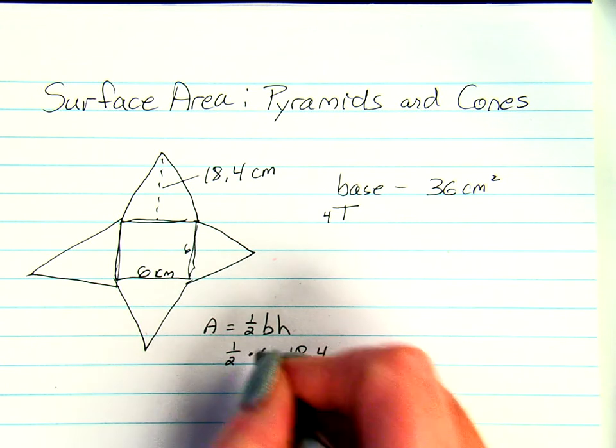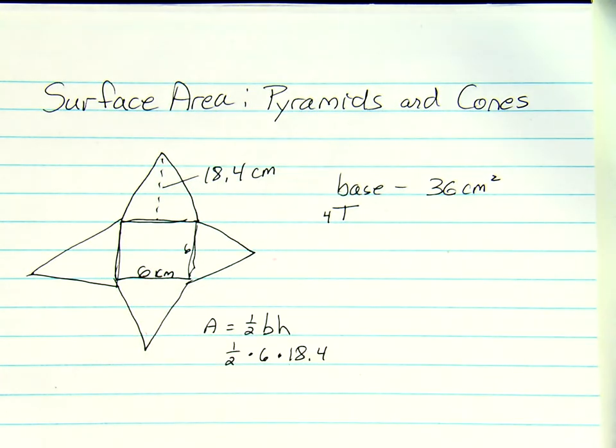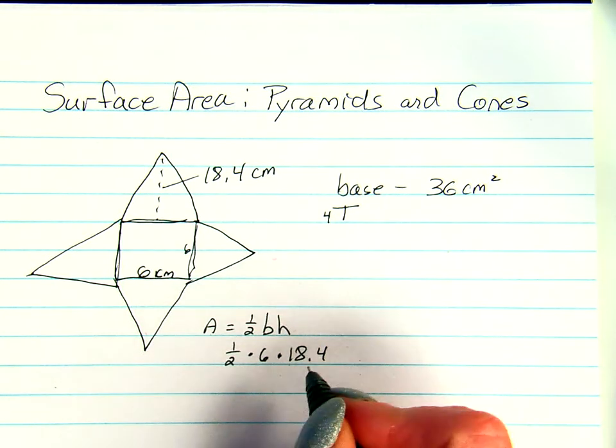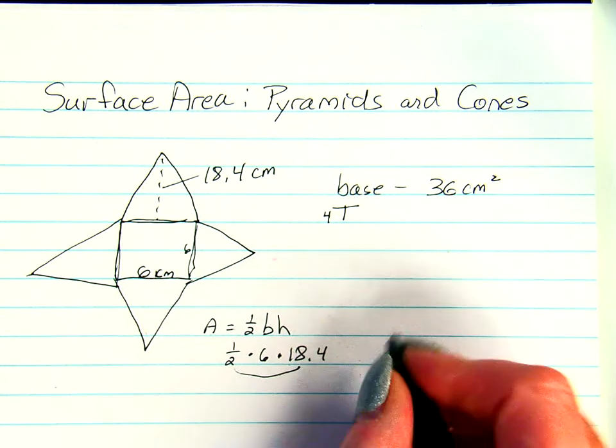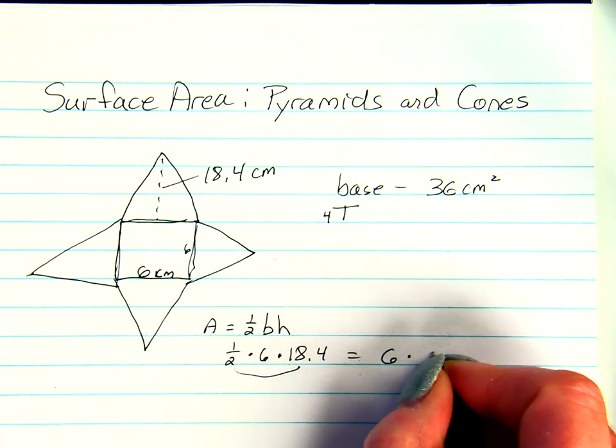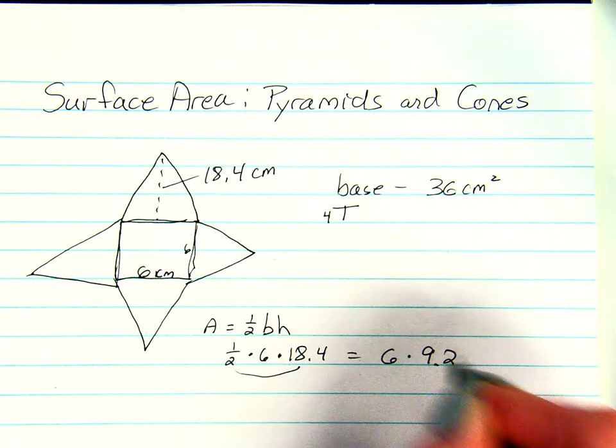And let's just remind ourselves that because of the commutative property of multiplication, it doesn't matter which order I do this in. So I'm going to go ahead and take 1/2 of my 18.4. That will give me 6 times 9.2.